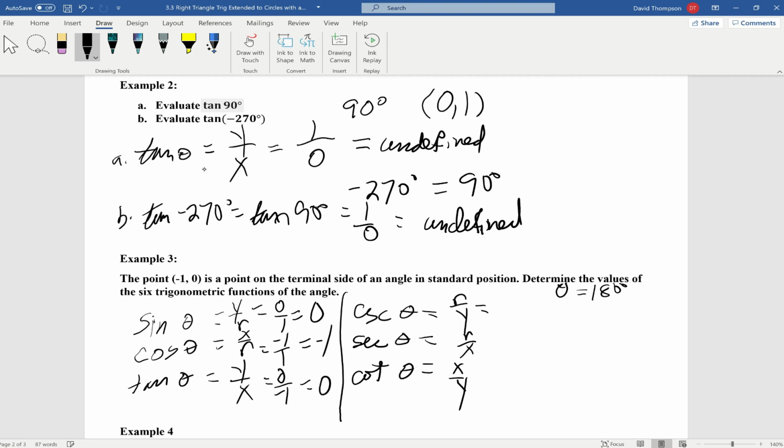Cosecant is going to be 1 over 0, which is undefined. Our secant is going to be 1 over negative 1, which is negative 1. And our cotangent is going to be negative 1 over 0, which is also undefined.